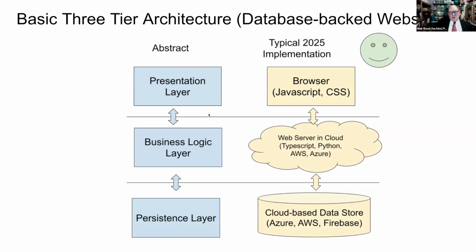Okay. Now, those layers have not changed, but the typical implementation in 2025 is different than it was in 2000. Okay. Now, the presentation layer is quite often done in a browser, not always, sometimes it's in an app. But the nice thing about a browser is that it has zero deployment cost. You just click on a URL. You don't even have to download anything. You don't have to put an app on your computer.